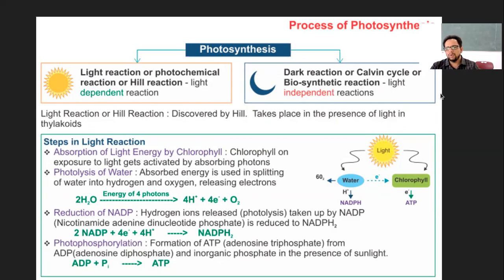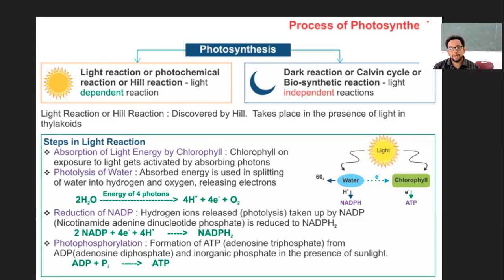Again, you need not know the intermediates, but just to give you basic background, that's when I had introduced C4 and C3 plants, because some of the questions are based on C3 and C4. So the confusion should not happen. C3 ultimately refers to the intermediate which is of 3 carbon, and in C4 plants the intermediate is a 4 carbon compound, that was oxaloacetate and malate. So that was the basic difference in the dark reaction.